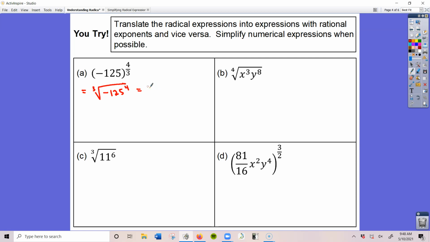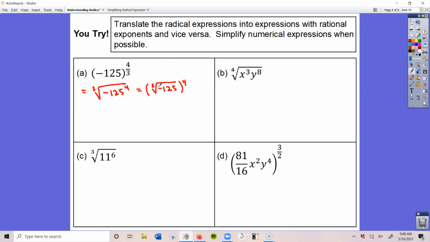Or you can rewrite this as the cube root of negative 125 to the 4th. Either one is correct. But for simplification purposes, it's much easier if you do the root and then you apply the exponent. Because if I apply the exponent first, like here, I will get a much larger number that may be harder to break down. By applying the root first, we're keeping our numbers smaller.